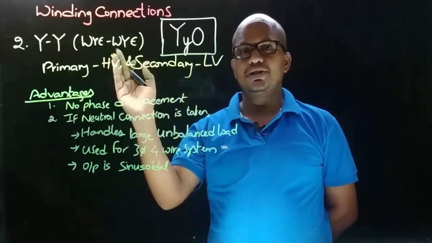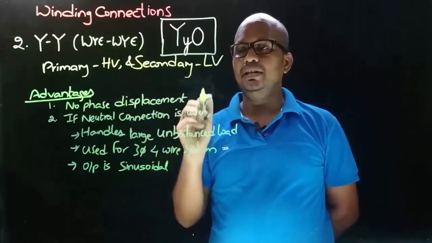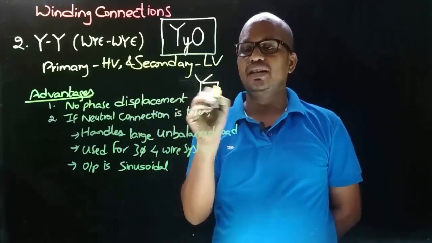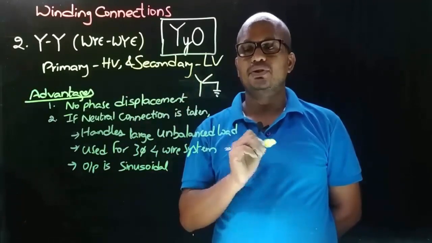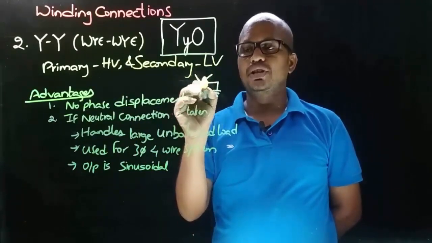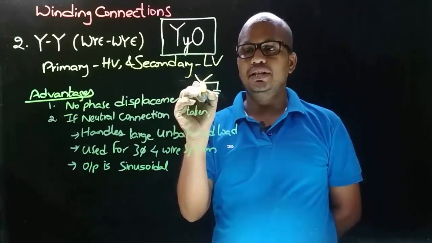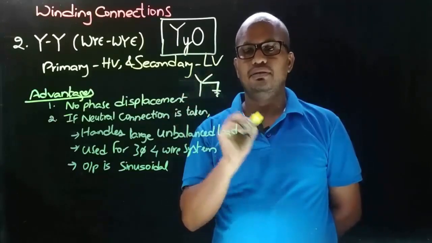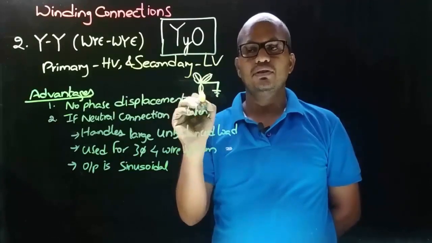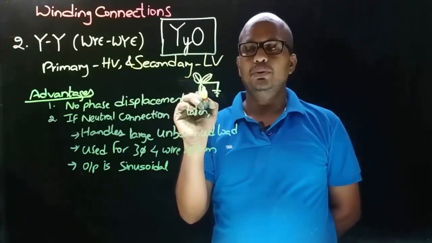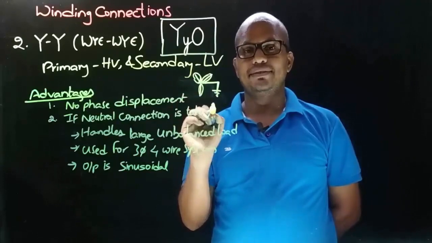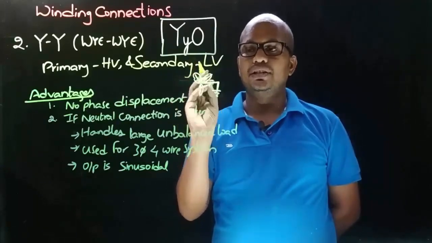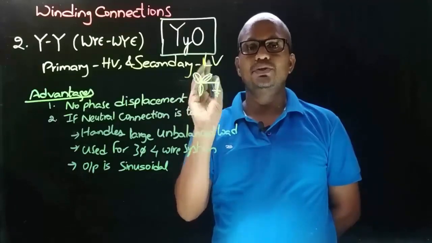So in star connection, that path is provided by the neutral connection like this. So the triple harmonics which are induced in the phases take the path through this connection like this. And now in phases, only the pure sinusoidal induced EMF remains. So the output from the neutral connected star connection is sinusoidal.